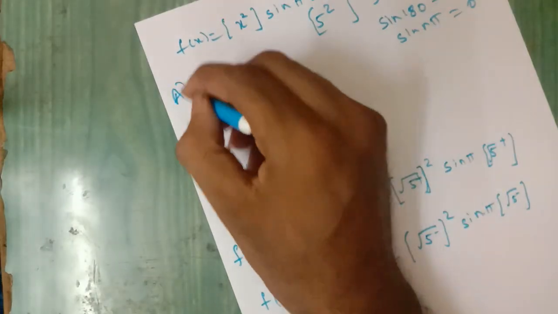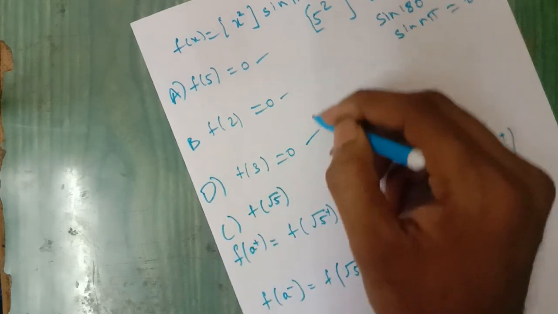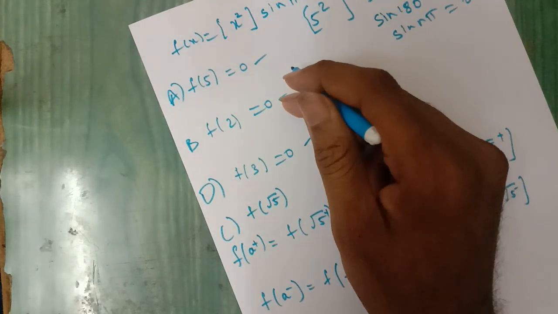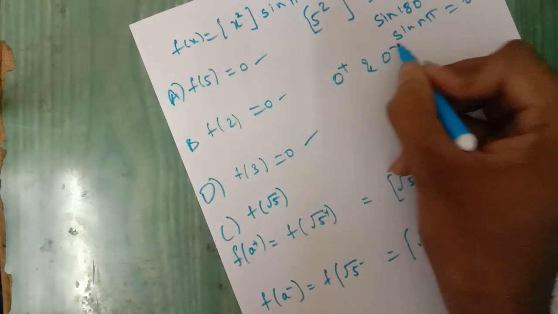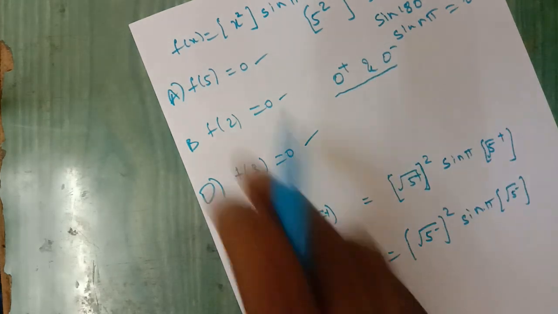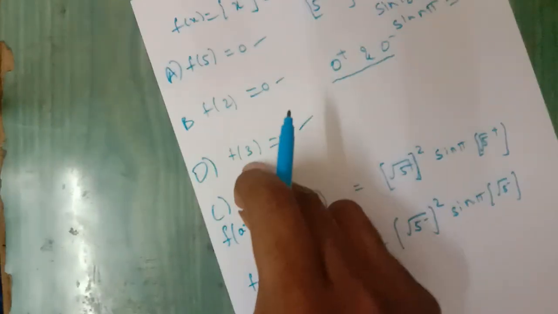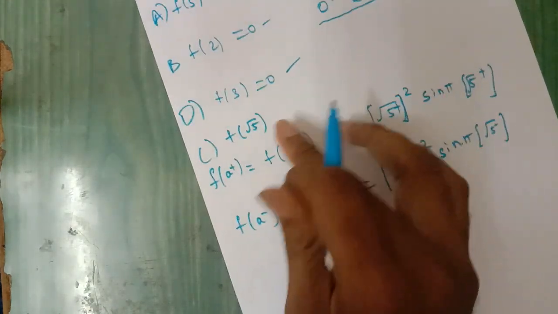So for options A, B and D, all these values are 0. If it is 0 for the right side and 0 for the left side, it is the same value, so it is a continuous function for 5, 2 and 3. Now the only option remaining here is root 5.